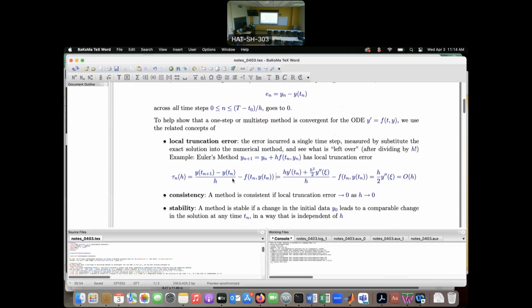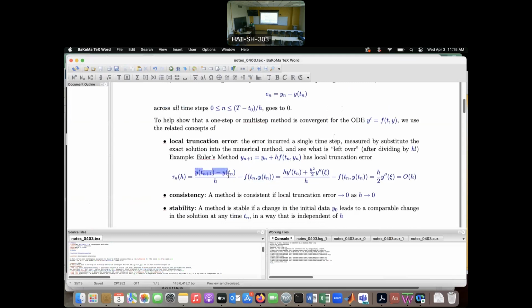Now, here you can get an idea as to why it makes sense to divide by h, because this difference quotient here, because I've divided by h, what is this an approximation of? Derivative. Yes, y prime of t_n. So I have y prime of t_n minus f of t_n, y of t_n.